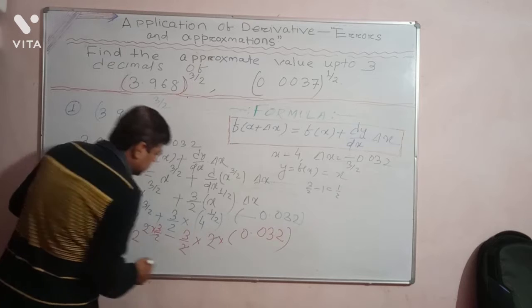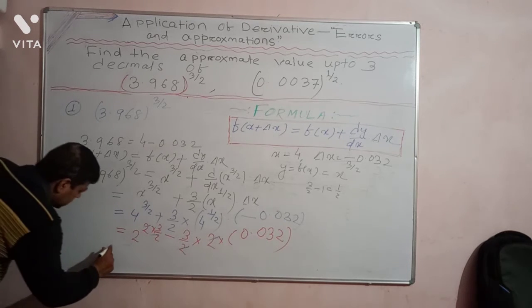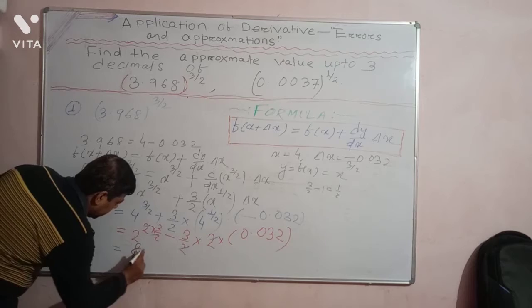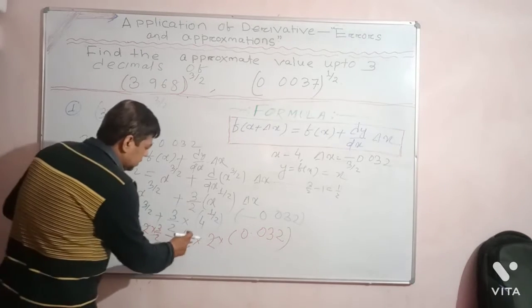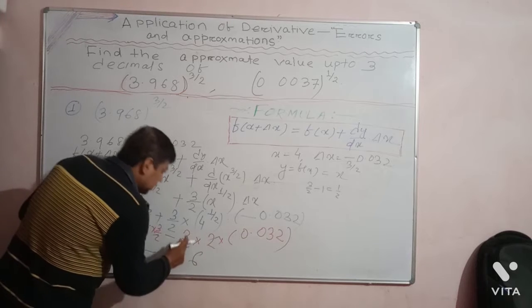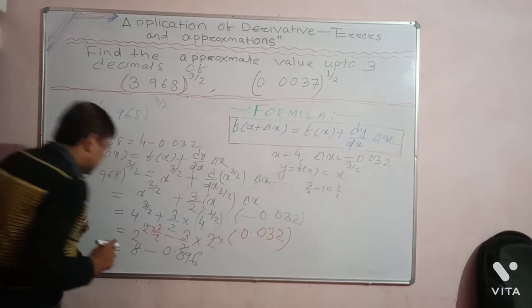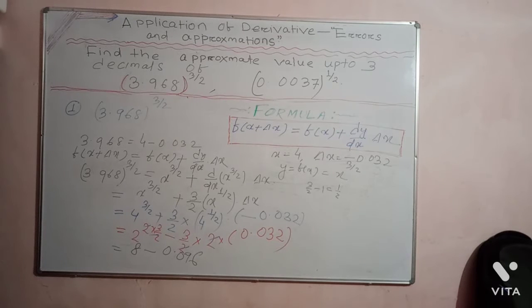After cancellation the resulting value is 2 to the power 3, which is 8, minus 3 into 0.032. 3 times 2 is 6, 3 times 3 is 9, so that is 0.096. So 8 minus 0.096.